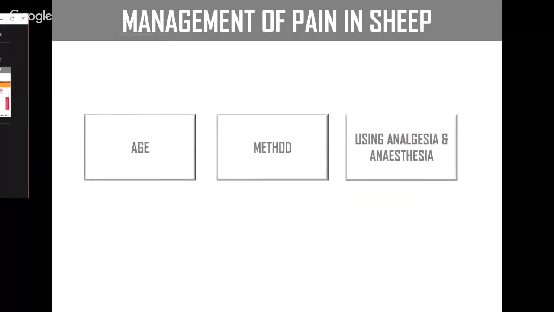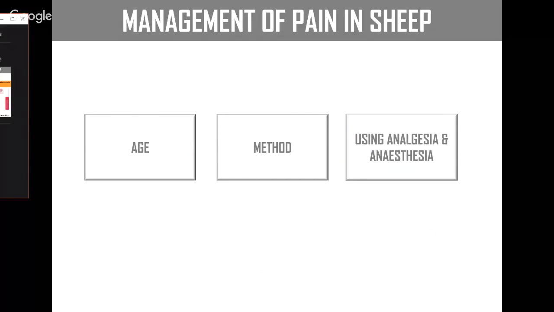Right, so this brings me to the last part of this section on management, which is using analgesia and local anesthesia when doing castration and tail docking. So remember, I said several times, castration and tail docking are painful regardless of the method, regardless of the age.